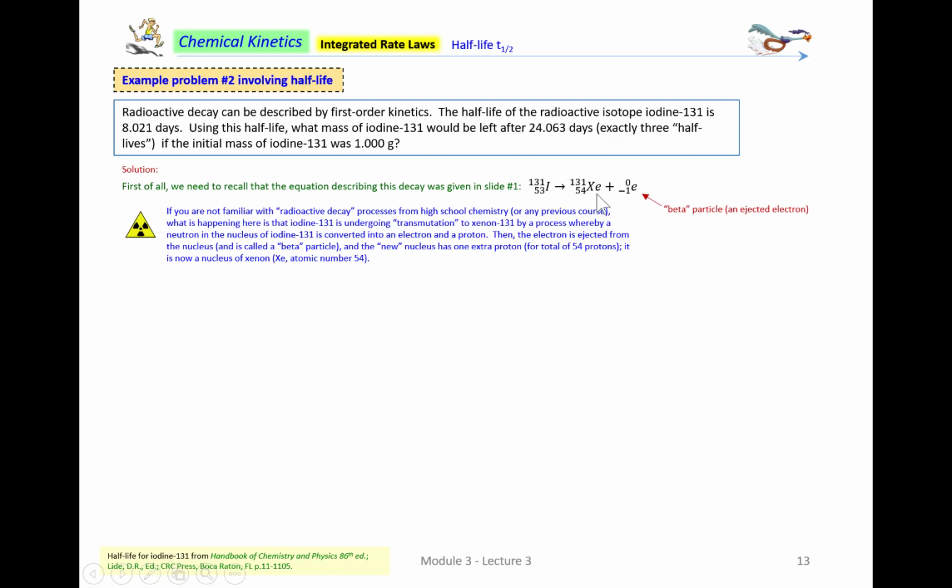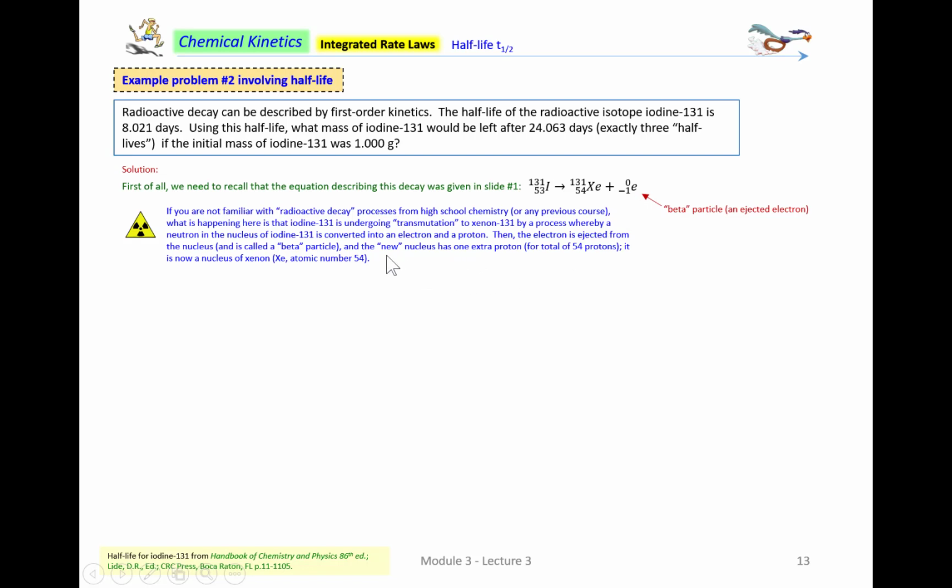And the way this would happen here is that a neutron in the iodine-131 nucleus is converted into an electron and a proton. The electron is ejected from the nucleus and is called a beta particle when that happens. That's what makes this process dangerous, to be exposed to those beta particles.